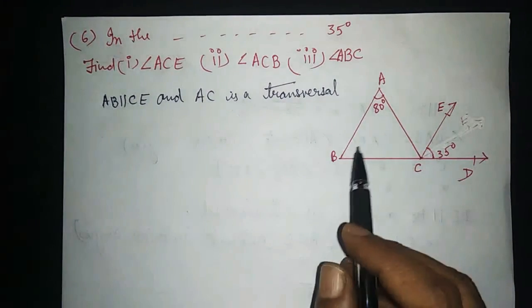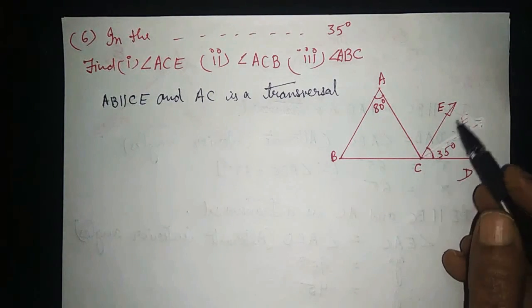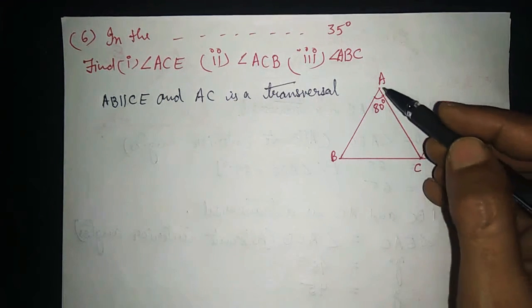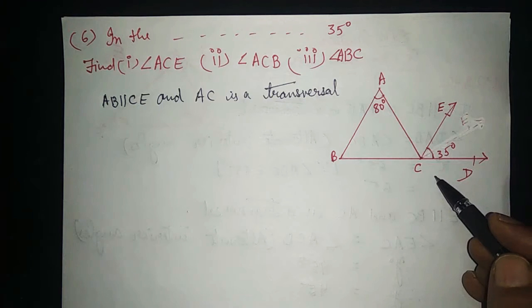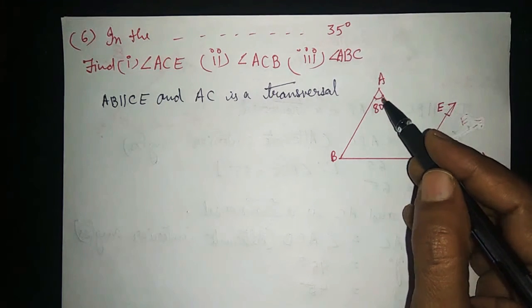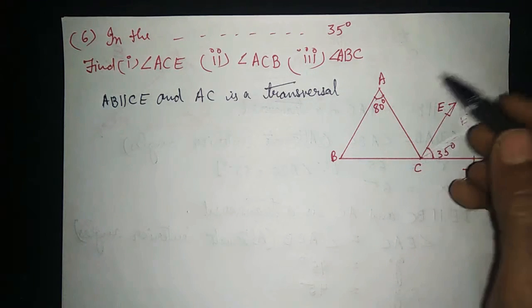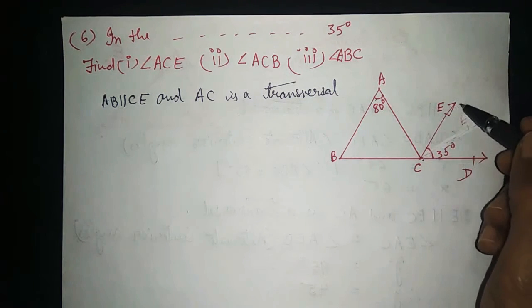Okay, AB line is parallel to CE and AC is a transversal. If AC is a transversal, then this 80 degree angle BAC is equal to angle ACE.